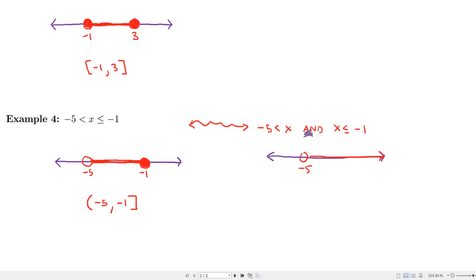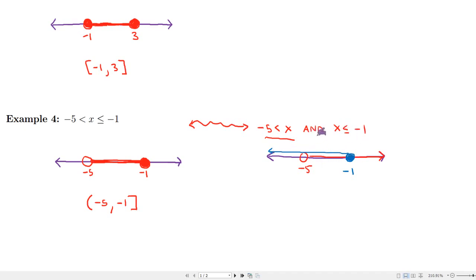So that first inequality looks like this. What about the second inequality? Maybe switching to another color here. So -1, we're going to be over here. So -1 and all the x values that are less than or equal to that.